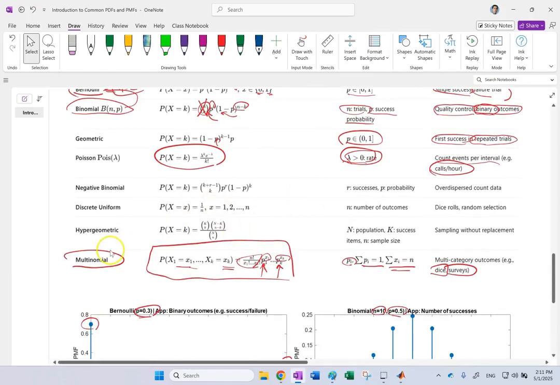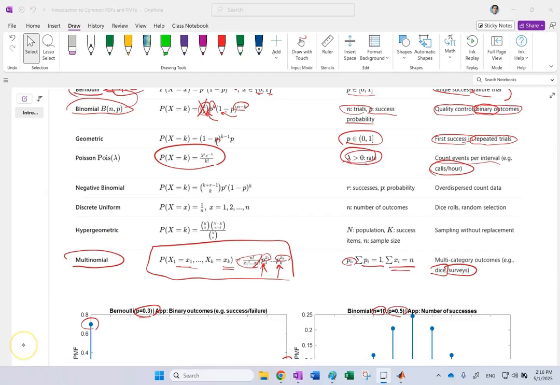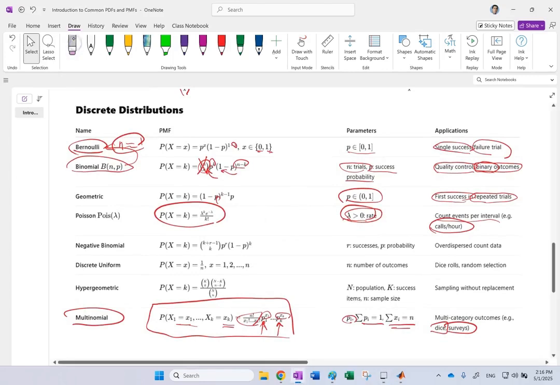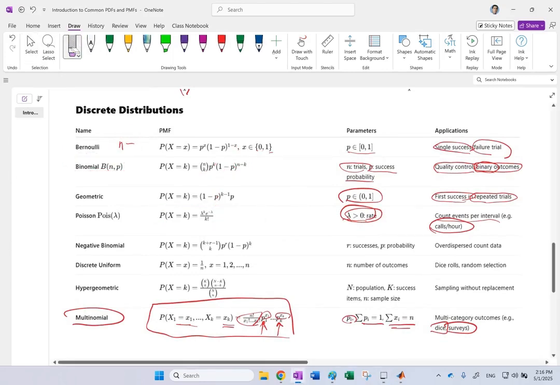Okay, now, 3 others to go. The next one is called negative binomial. If you look at it and compare it to binomial, you see that it's kind of related.